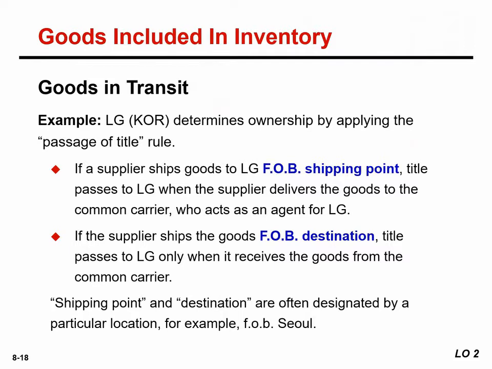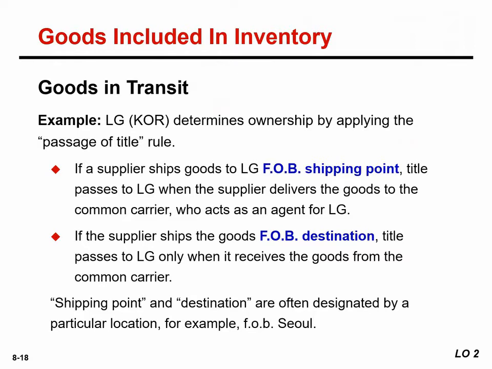If I am the purchaser and the goods are FOB shipping point, then it belongs to me. If the terms are FOB shipping point and I am the seller, then the goods don't belong to me. Same thing for FOB destination.